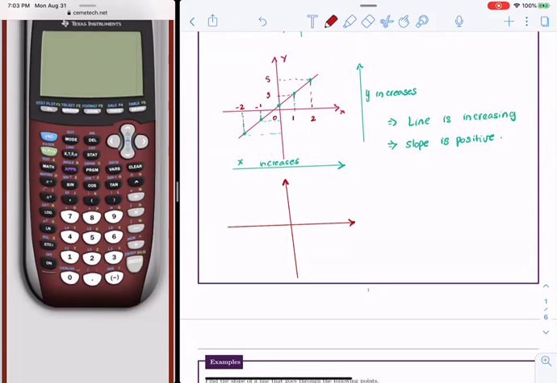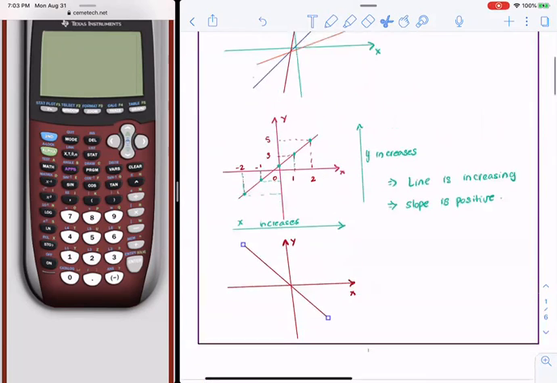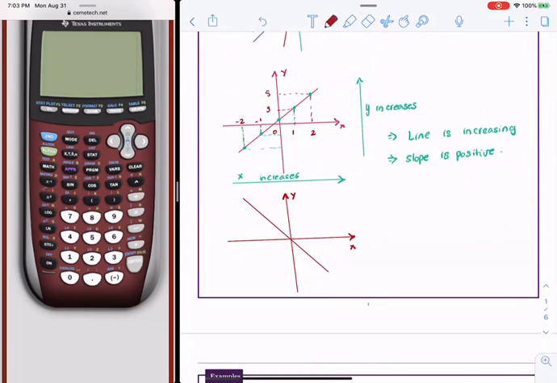So here is another case. So when x is -2, y is +2.